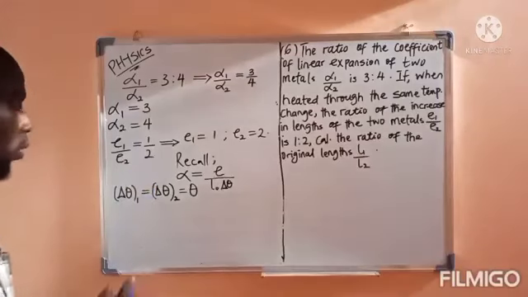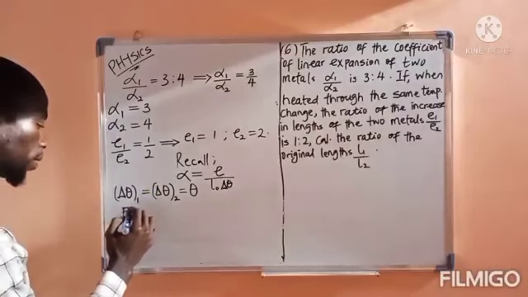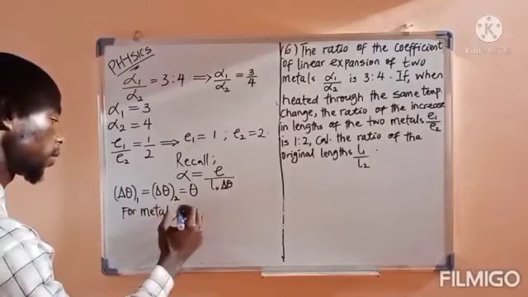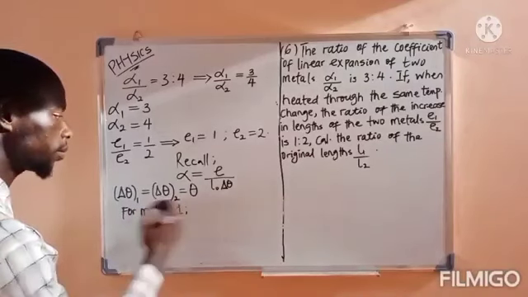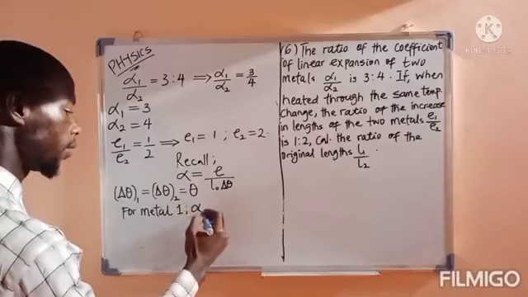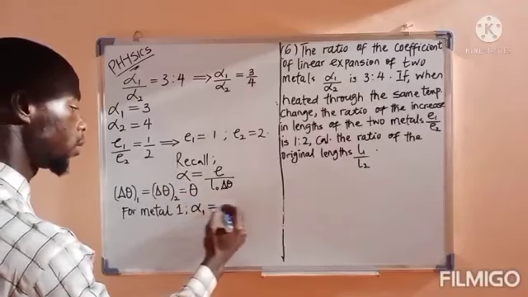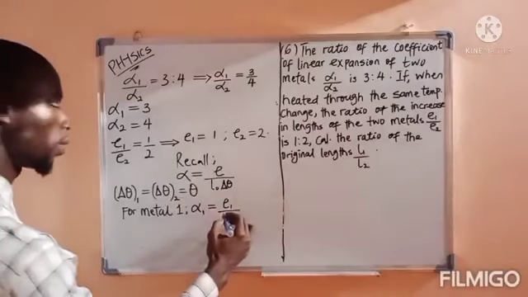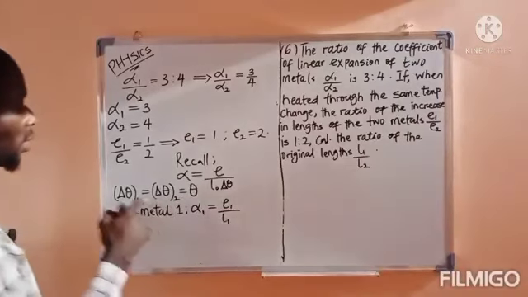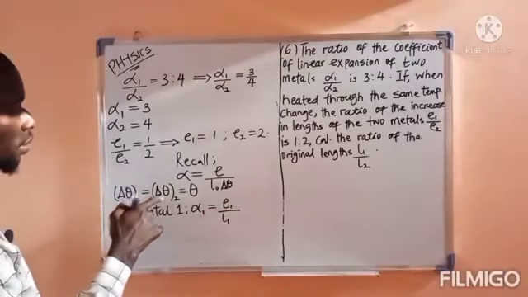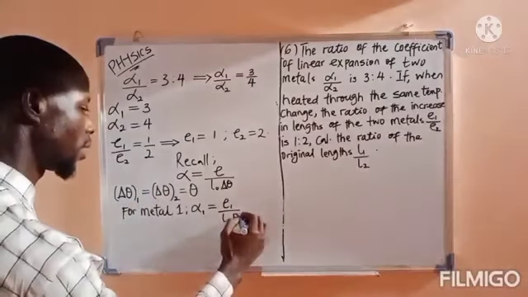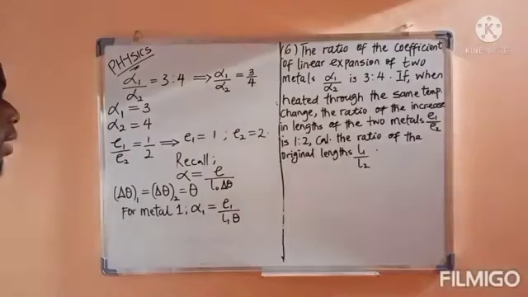Metal 2. So for metal 1, I'll have alpha 1 is equal to E1 all over the original length for metal 1, which is what? L1. Since the change in temperature for metal 1 is the same as that of metal 2 and is equal to theta, I'll just write theta here. Is that clear?